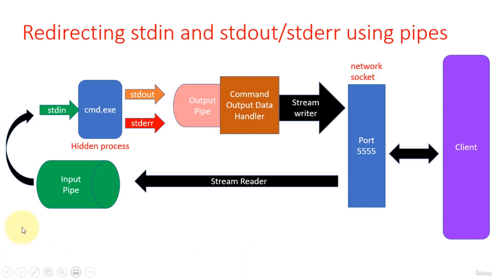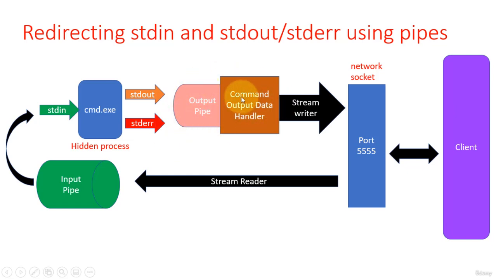Similarly, the command output data handler will be waiting there for the command process to execute something. Once the process executes something and sends it to the output pipe, the output pipe will be able to receive it through the command output data handler. So the command output data handler is part of the output pipe.